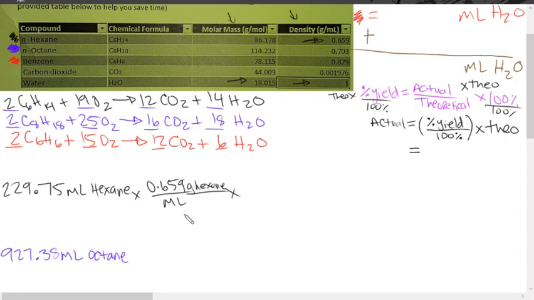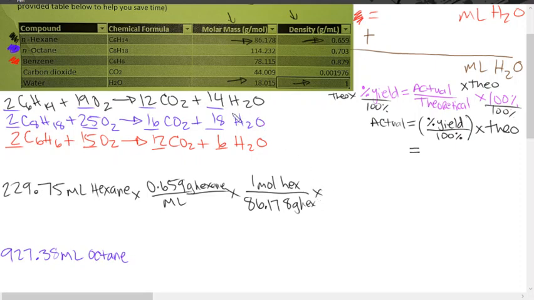So now we'll have grams of hexane once we do this computation, and from that we will use this carry here, our molar mass, to get moles. So 86.178 grams of hexane gives us 1 mole of hexane. I'm just going to write hex for now.